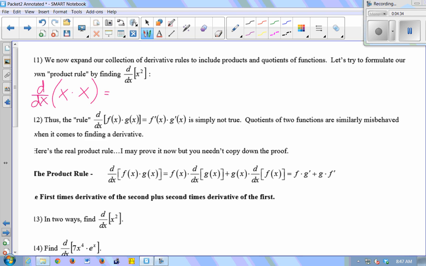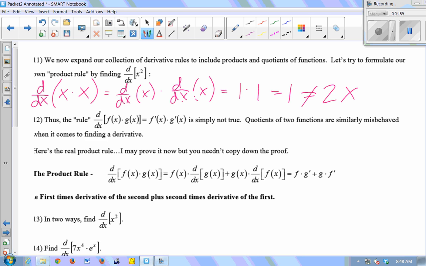So if it were true that there were a nice easy product rule where you could just take the derivative of each factor separately, then this would say I could take d dx of x times d dx of x, and I would get 1 times 1, which is not the derivative 2x, right?